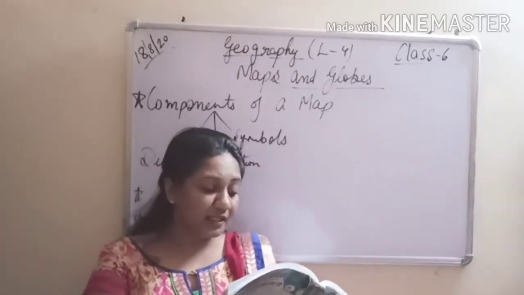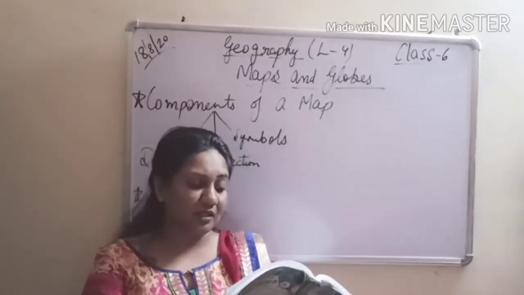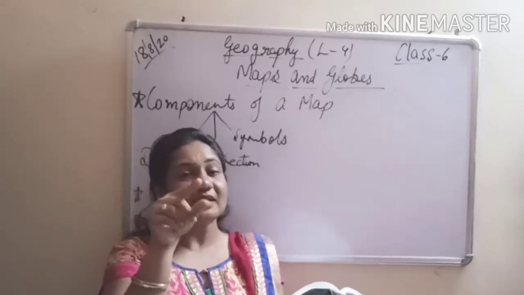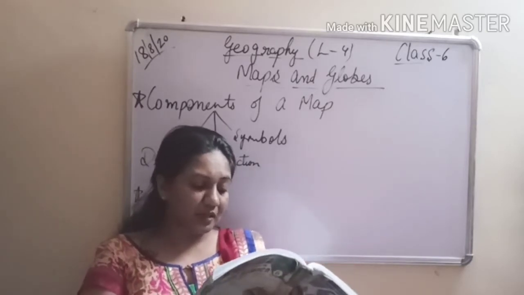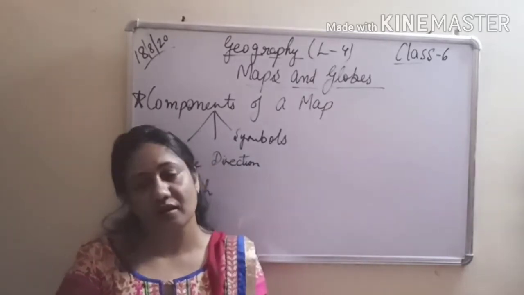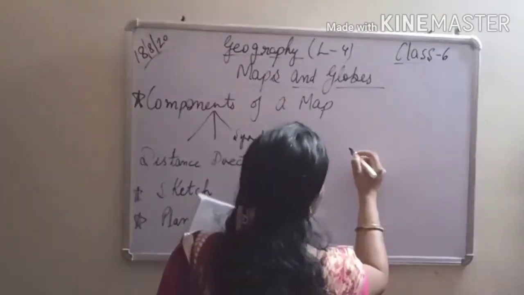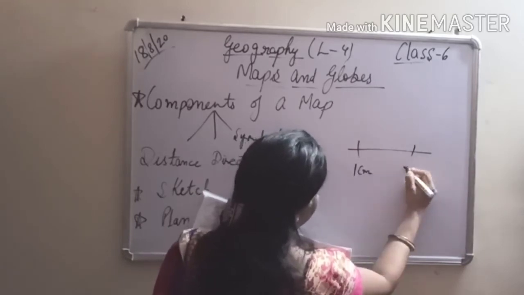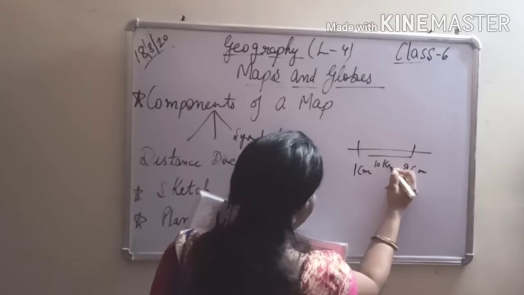It means that a distance of 1 centimeter between 2 points on the map is equal to a distance of 10 kilometers. So between 2 points, the distance of 1 centimeter is equal to 10 kilometers, between the same 2 places on the ground. So what we assume is, if 2 cities are there like this, then this is 1 centimeter, this is 2 centimeter, and the distance between 2 cities is 10 kilometers.